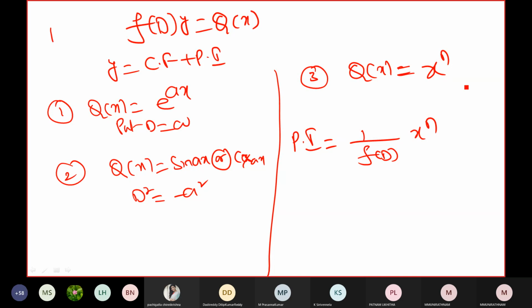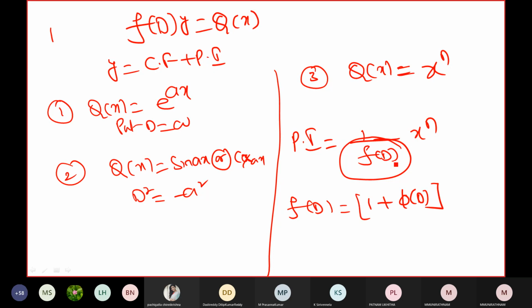In that case we should expand f of d as 1 plus phi of d, or 1 plus phi of d whole power n. So we should express f of d as 1 plus phi of d.